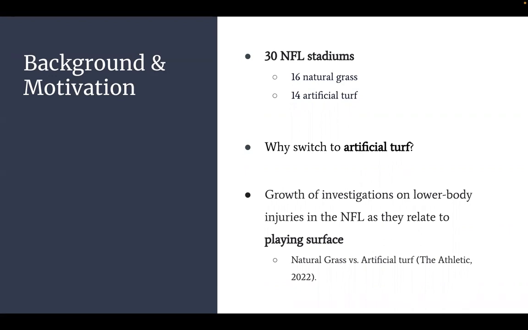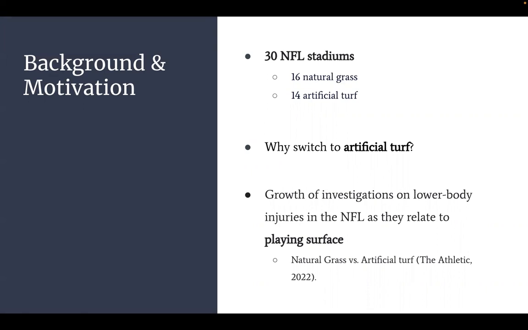There's also been a large growth of investigations on lower body injuries in the NFL as they relate to playing surface, due to the rise in non-contact injuries in the NFL over the last few years. During these investigations, they've noticed notably higher injury rates on artificial turf compared with natural grass. An example of one of these studies was presented in The Athletic in 2022.